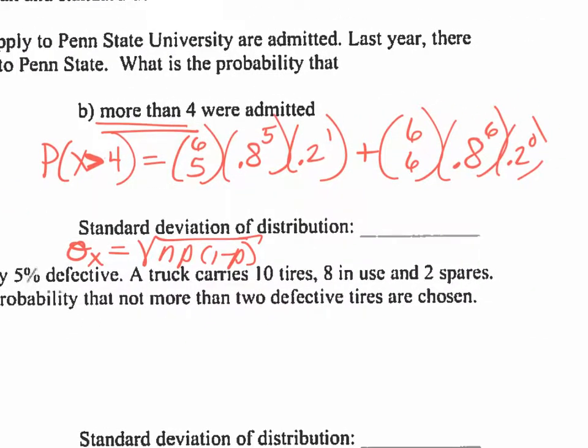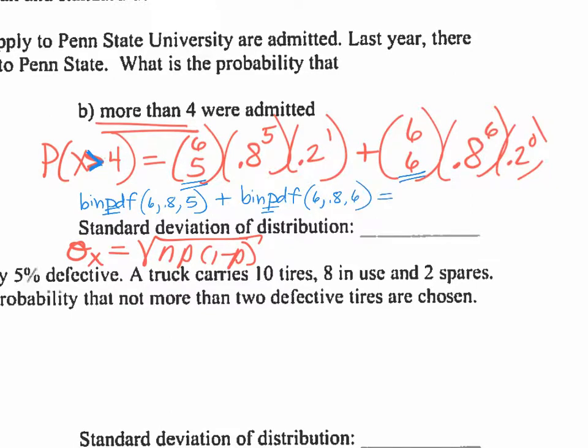Okay? But let's take a look at the part B where it says more than 4. I actually had made a mistake at first and I put greater than or equal to, but look here, it is purely greater than 4. That means it's 5 successes plus 6 successes. Now, while there are actually 2 ways you can compute this, here's choice number 1, binomial PDF of 5 successes plus binomial PDF, particularly 5 and particularly 6, with 6 and 0.8.